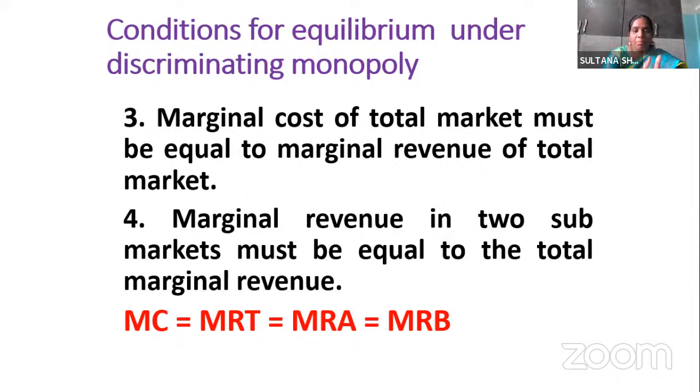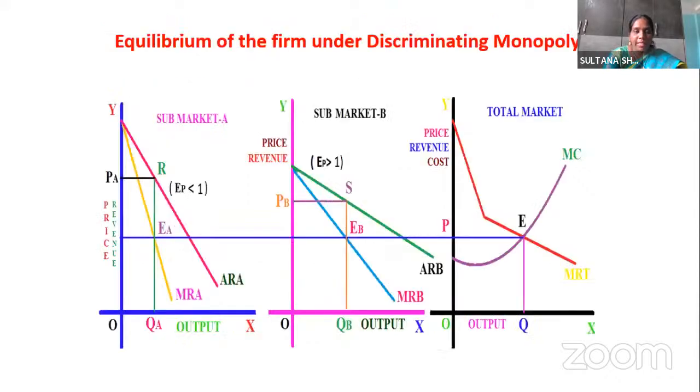The fourth condition is that marginal revenue in the two submarkets must be equal to the total marginal revenue. Don't confuse this: subdivision means market A and market B, and if we add both, we get total revenue and total cost. I will explain this in detail.